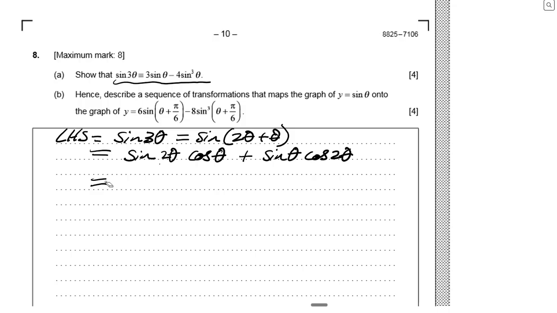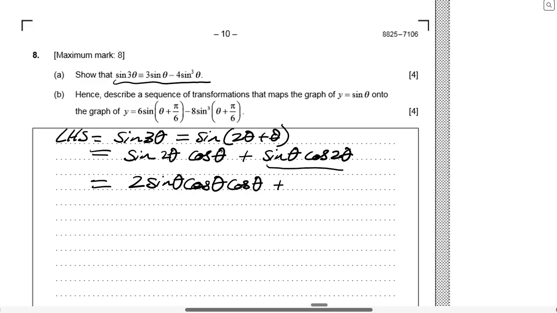And then what we can do is simplify that further. We have sine 2 theta, so let's make that 2 sine theta cos theta. So then we have cos squared theta. Just showing you guys that. Plus sine, let's put this into our sine in terms of sine.